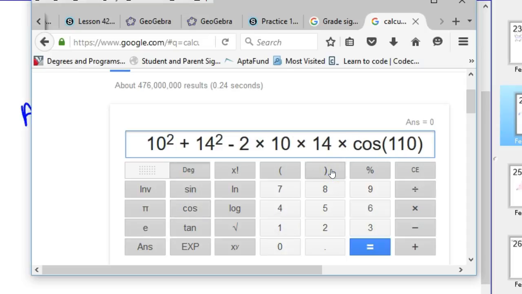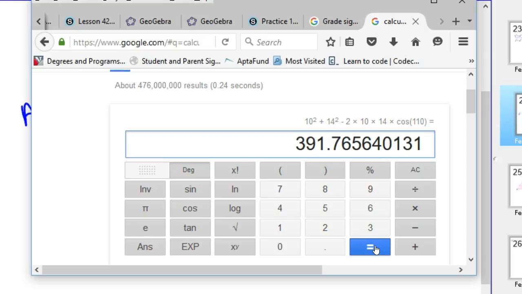Close your parentheses, hit equals, and 391.76 is b squared. So we're going to have to take the square root of that answer. And so I did that, and 19.7, or 19.8 if you round that up, is b.